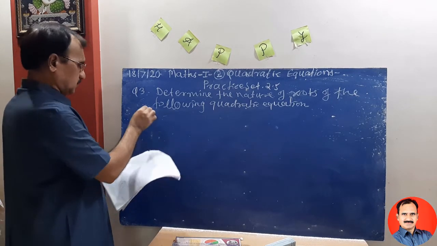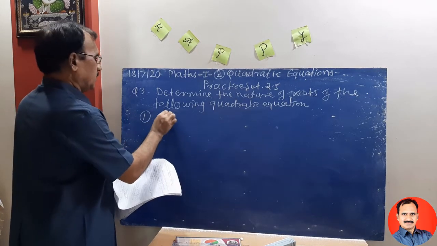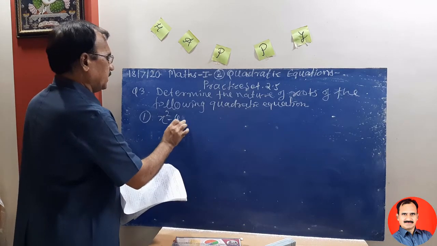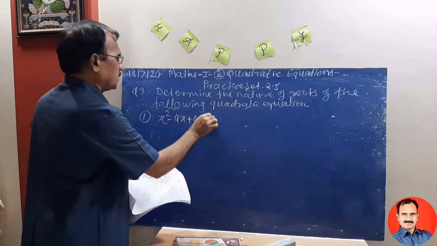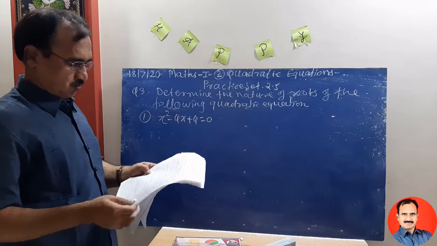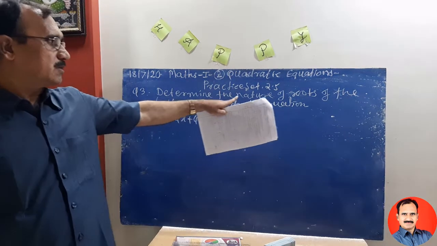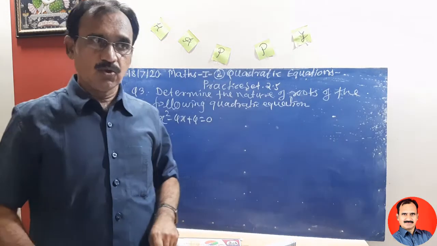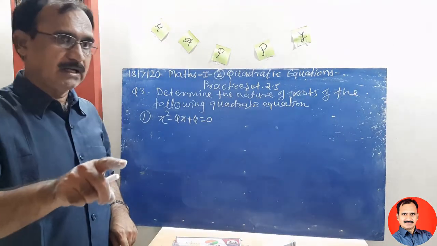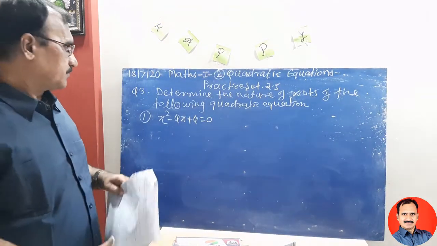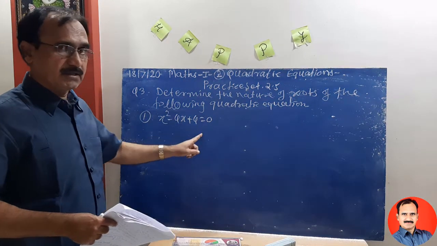First example from the third question, x square minus 4x plus 4 is equal to 0. Without solving the equation, only determine the nature of the roots. You know, it depends on the value of delta. Delta means the value of b square minus 4ac.